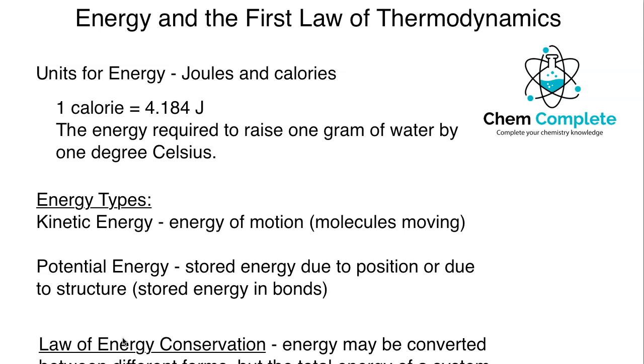Now, the energy types. There are 2 main energy types that we come across when we look at physics and thermodynamics. The first is kinetic energy, and the second is potential energy. Now keep in mind, because we are focusing in relation to chemistry right now, we're going to try to keep in scope or define these within chemistry parameters. So kinetic energy is the energy of motion. In a classic physics class, you might see a ball that's being thrown or something of that nature.